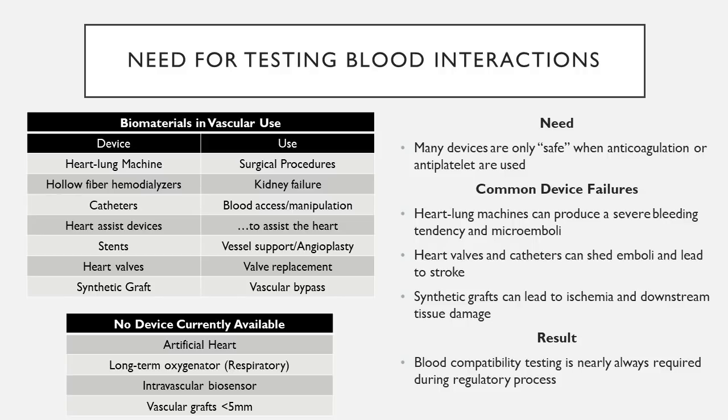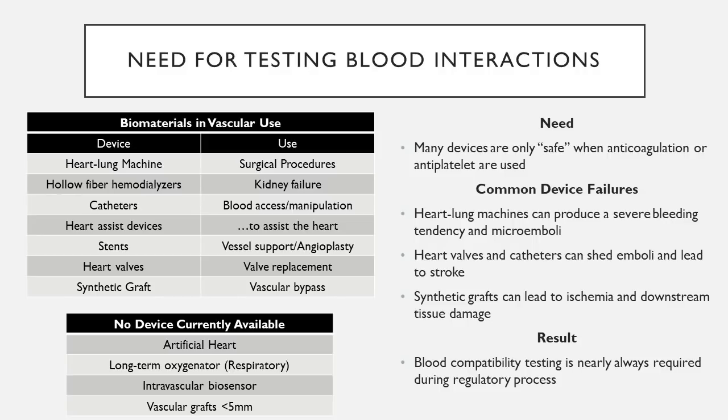Now, in order to establish the need for a good blood-compatible device, I want to highlight there are a few instances where there are no current devices available that have good compatibility, like the artificial heart. People that have artificial hearts now simply use them as a bridge until a heart can get donated to them because it's not going to last the lifetime of a patient.